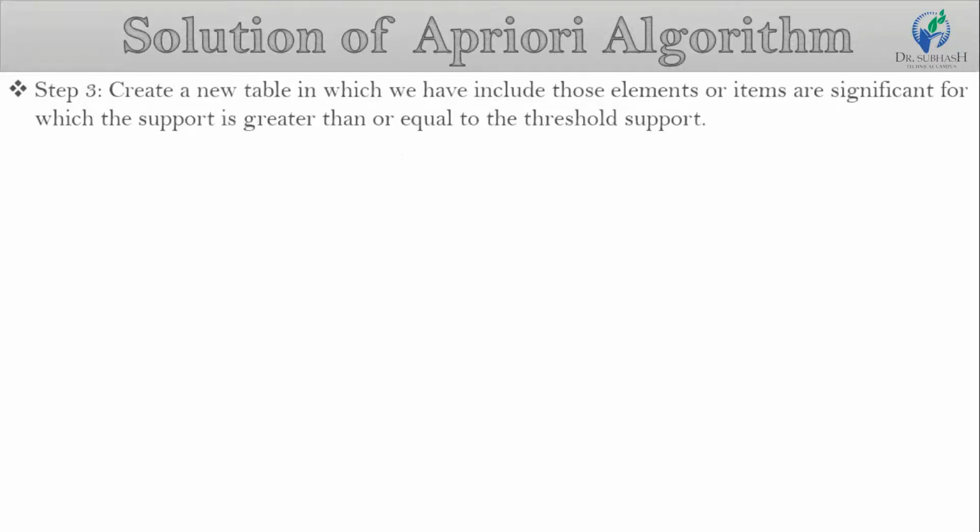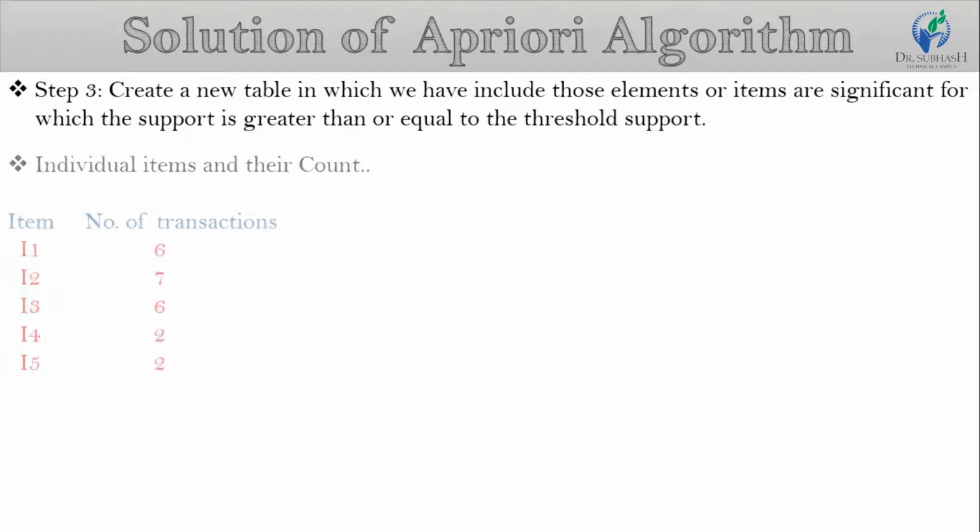Now, in step 3, we create a new table which includes those items that are significant, for which the support is greater than or equal to the threshold support. Based on the main transaction table, we find individual items and their counts.